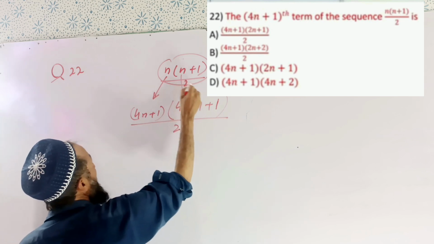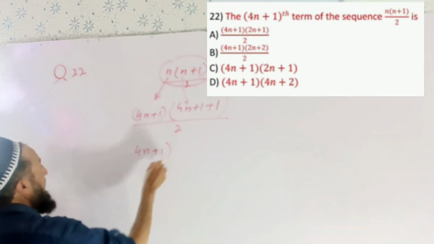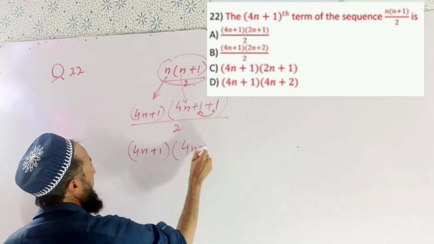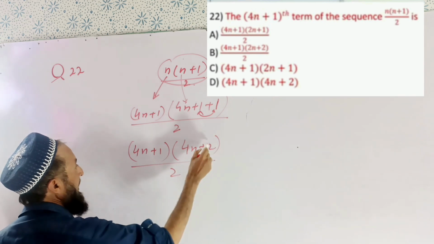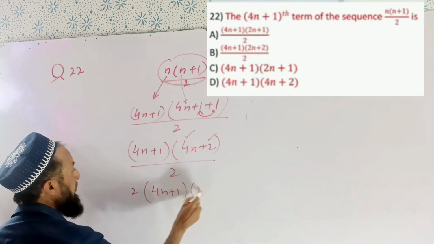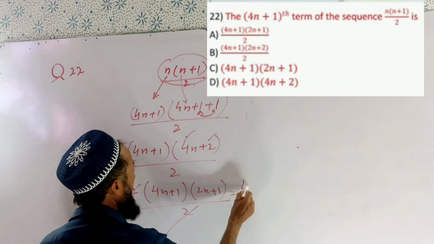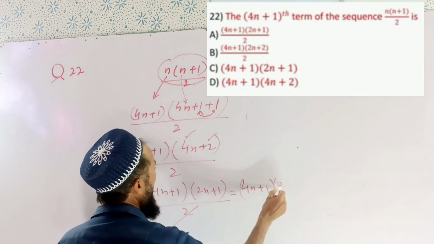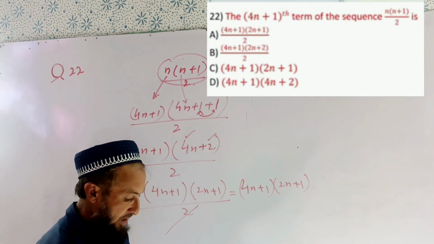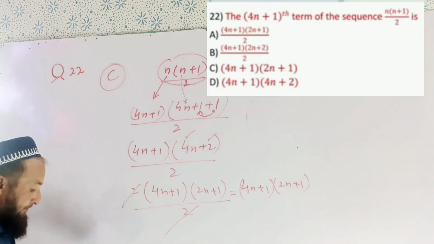Adding, we get 4n plus 2, and 2 is common. So 2 times 2n plus 1 times 4n plus 1, divided by 2, and the 2s cancel. We get the answer 4n plus 1 times 2n plus 1. Check the options: option C is the correct option.